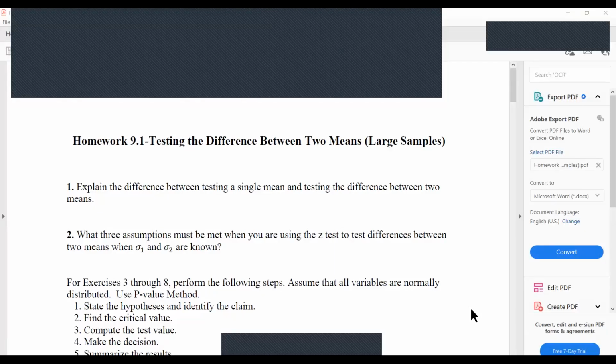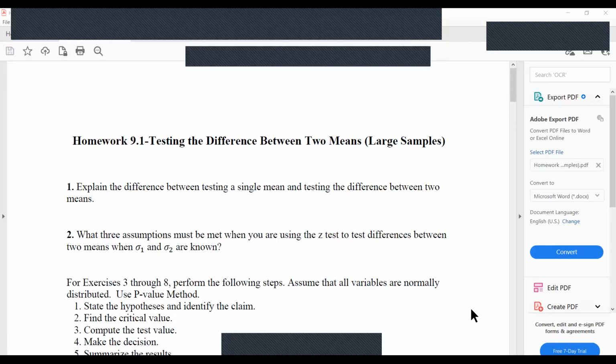Let me make sure I'm getting the right homework first. There's our homework. Here's the homework assignment for 9-1. So we've covered 1 and 2.